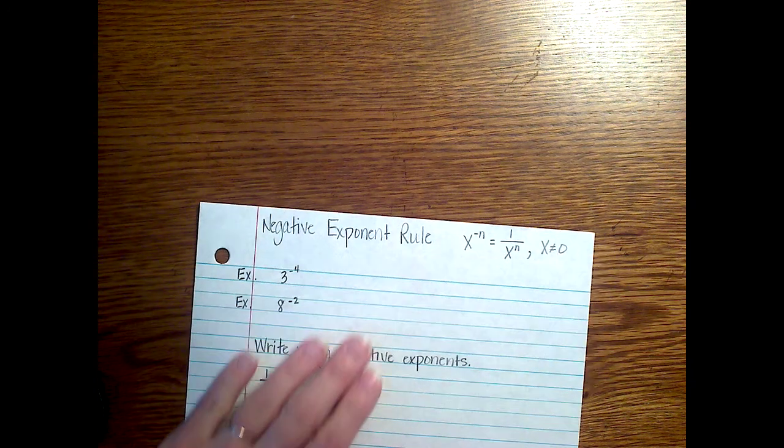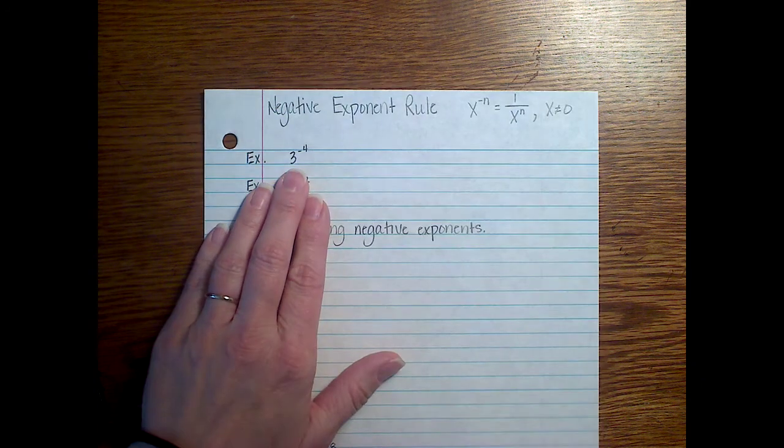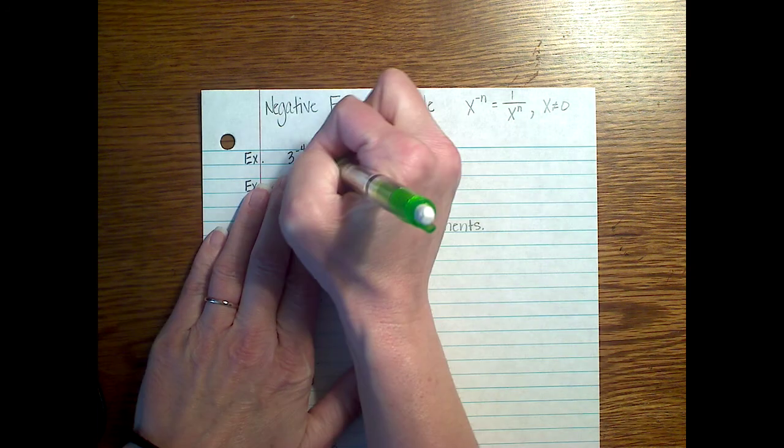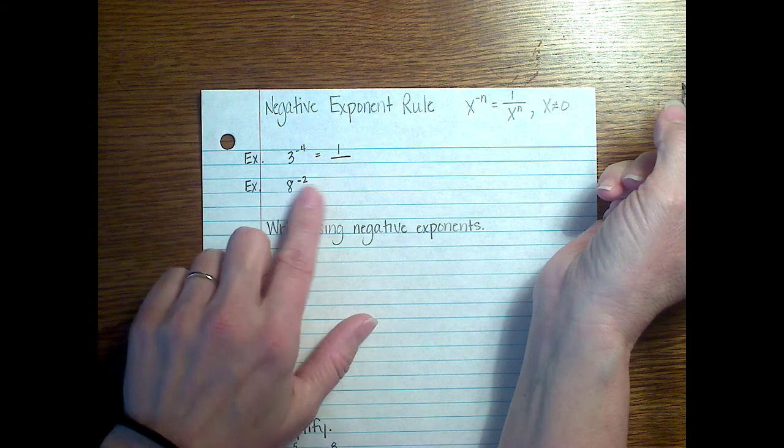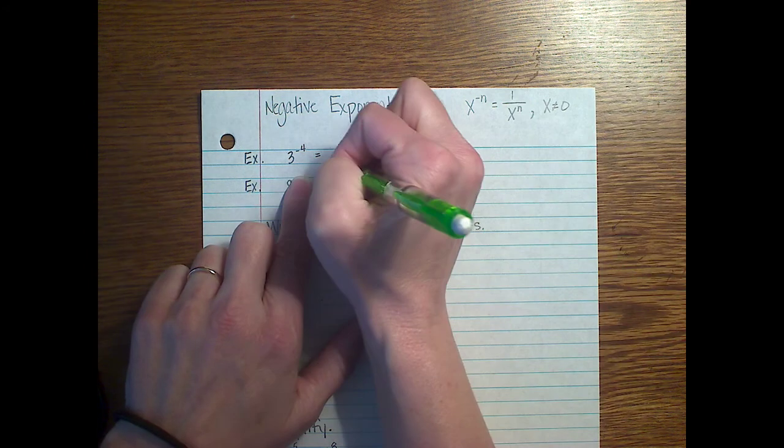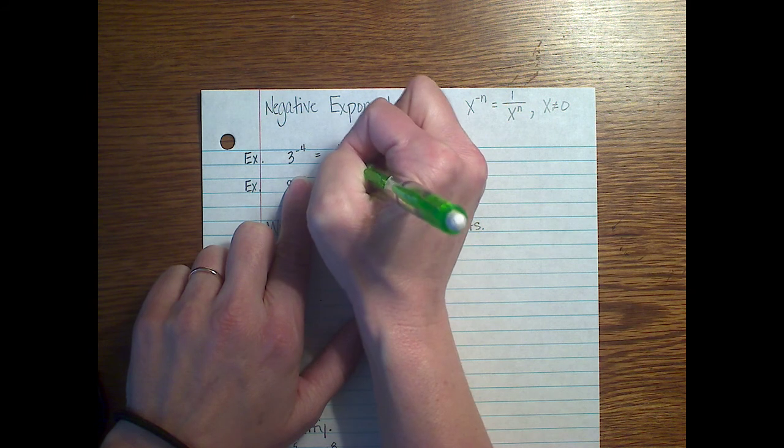All right, so let's look at some more examples. I have 3 to the negative 4 power. I'm going to rewrite that 1 over, that 1 is always going to be in my numerator, okay? And then this becomes 3 to the 4th.